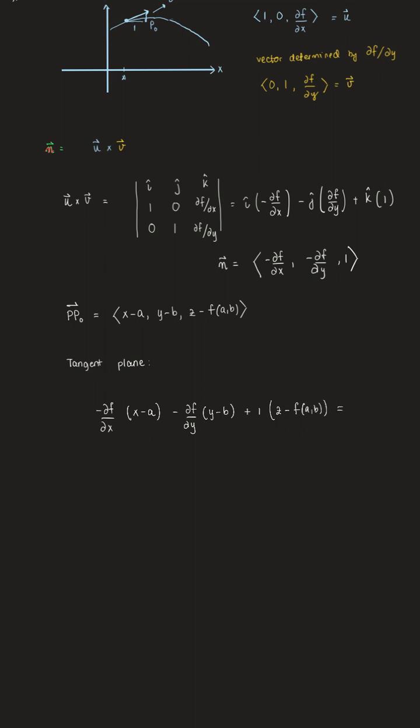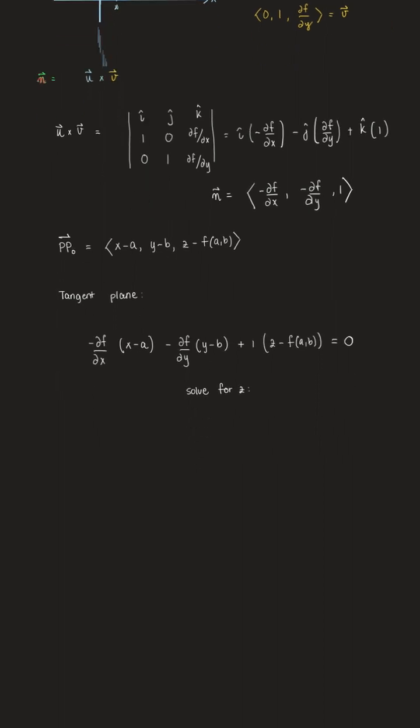And that dot product is equal to 0. So let's solve for z so that we have our tangent plane also written explicitly as we do with the original function. On the left side we'll have z minus f of a, b, and I'm going to move the other terms to the right.